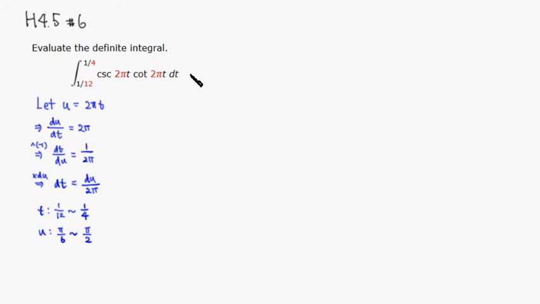Alright, so we can rewrite this integral as the integral from pi over 6 to pi over 2. And you have cosecant of u. We decided to call this t u and that t u. So cosecant of u, cotangent of u, and dt is du over 2 pi.